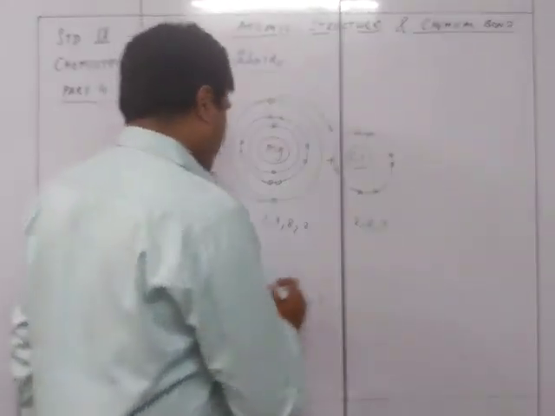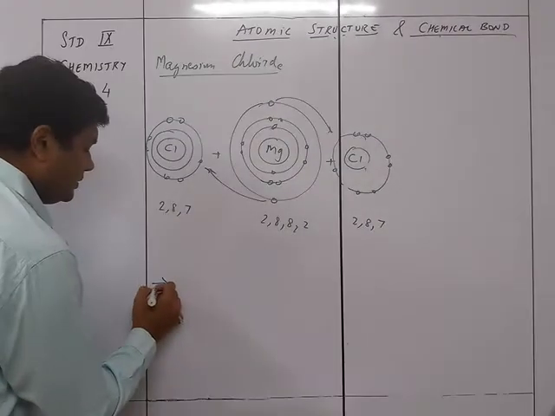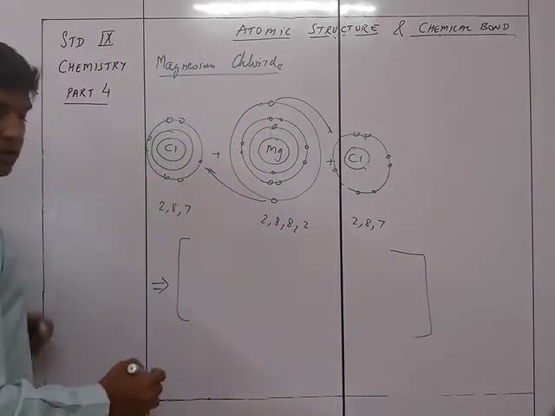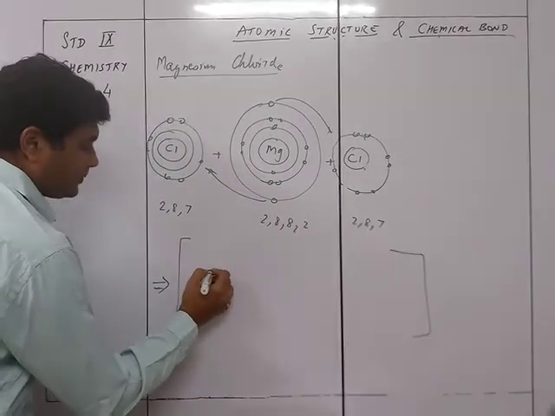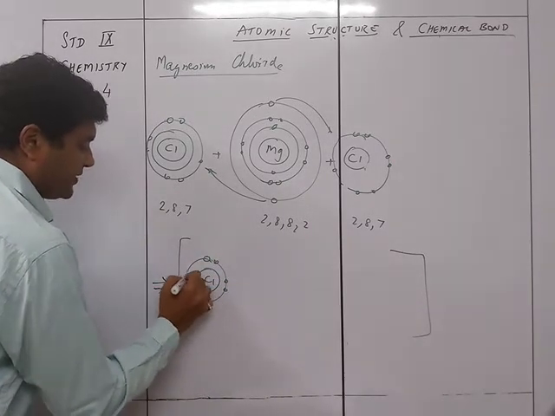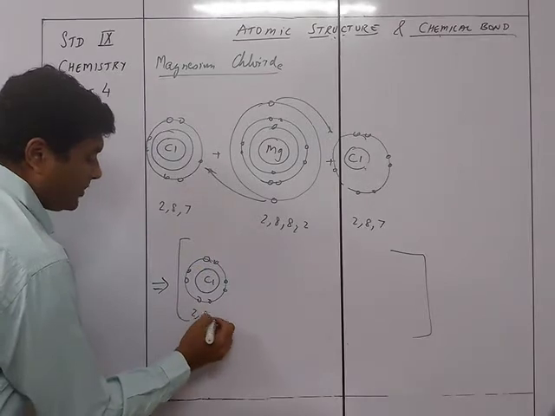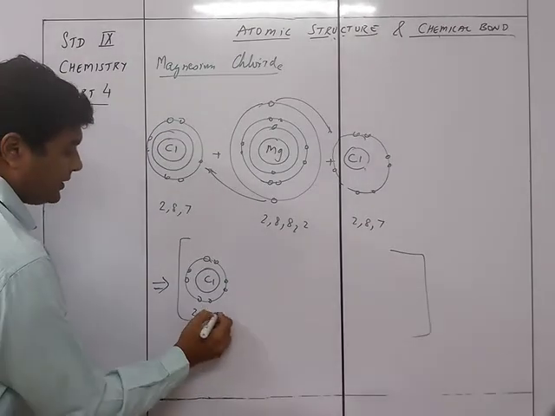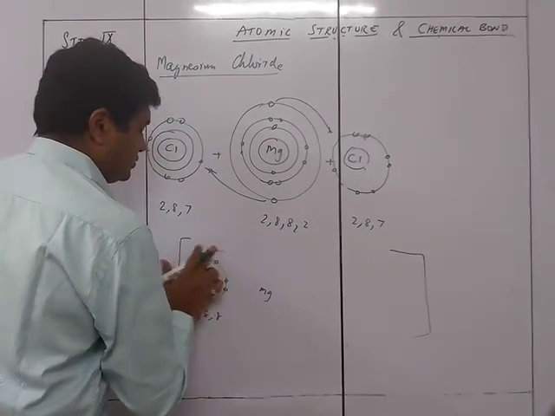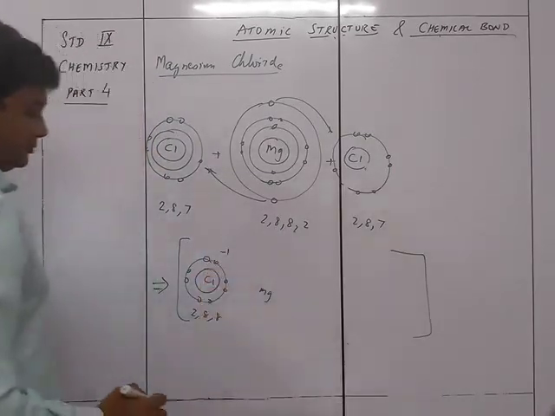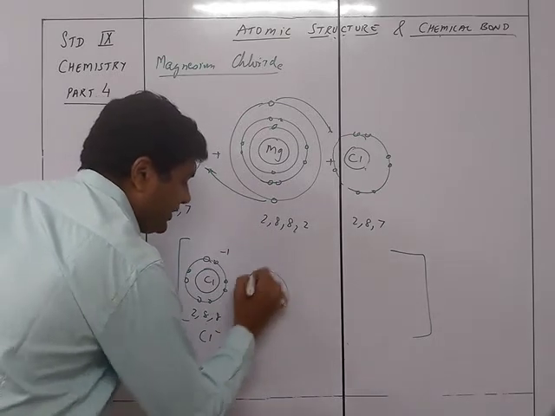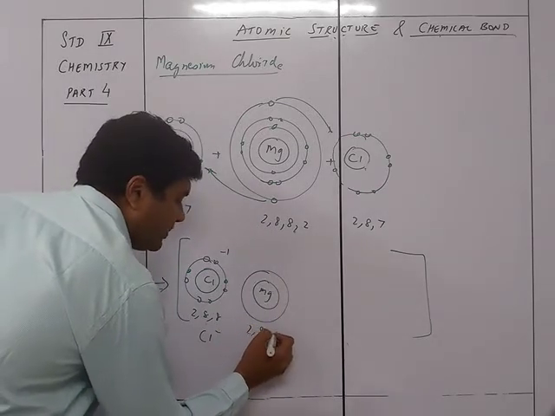And the resultant will be a bracket like this, giving you Cl having 1, 2, 3, 4, 5, 6, 7, 8, 2, 8, 8. Then Mg over here. This will be Cl minus 1. This Mg will have 2, 8, 8.